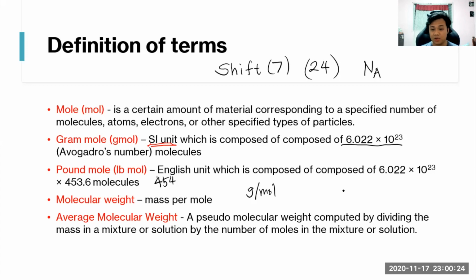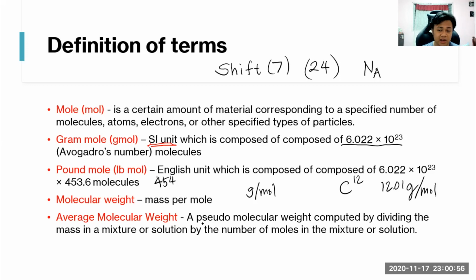For example, 1 mole of carbon atoms weighs 12.01 grams. So that's basically it.